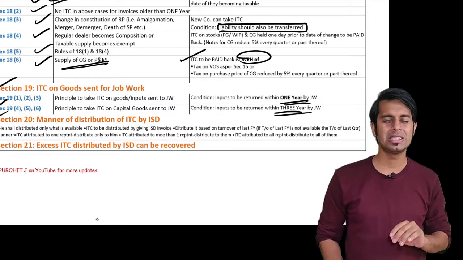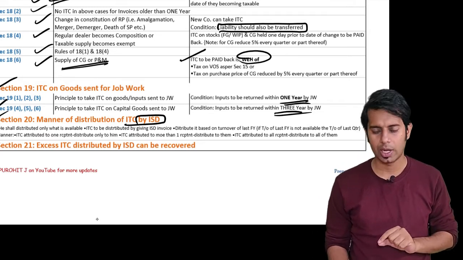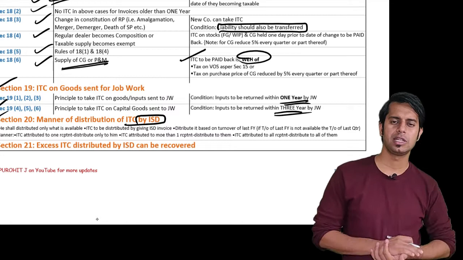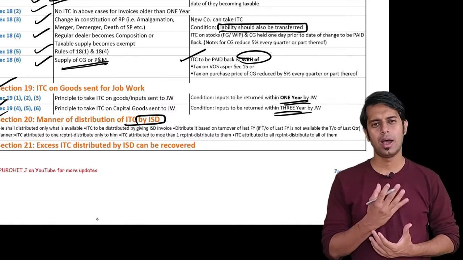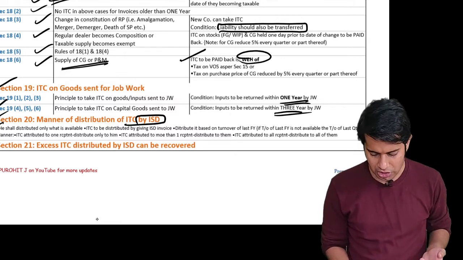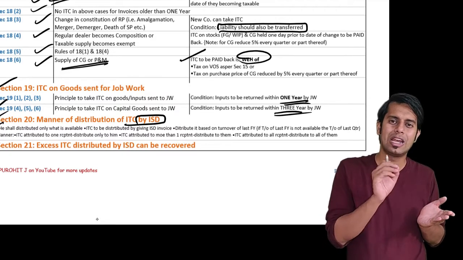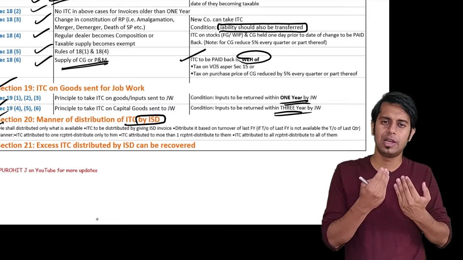Okay, section 20 says manner of distribution of input tax credit by input service distributor. How is an input service distributor required to distribute the ITC which is available with him? Now, the input service distributor can distribute only that ITC which is available with him.